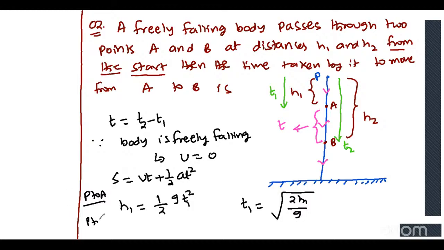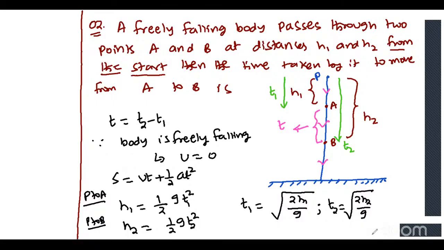Similarly, P to B, h2 equals half g T2 square. T2 equals under root 2h2 by g.